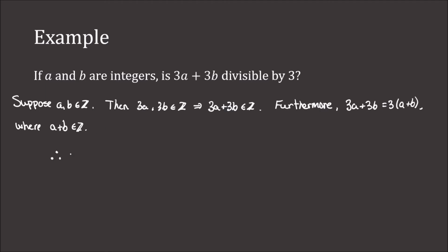We just wrote 3a plus 3b as 3 times some integer q, which by definition means that 3 must divide 3a plus 3b. So yes, 3a plus 3b is divisible by 3.